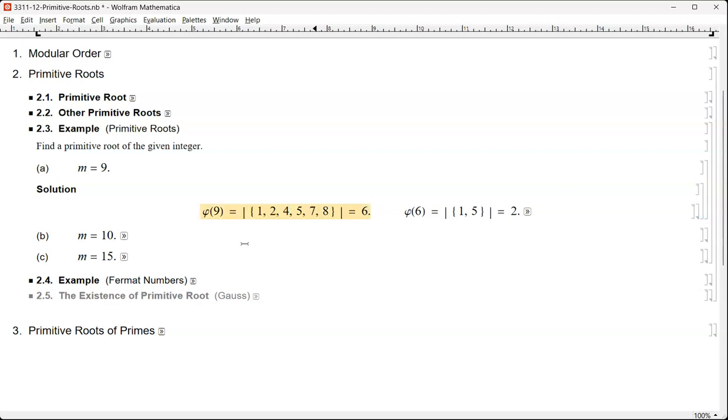Phi of 9: among all positive integers from 1 through 9, those relatively prime to 9 number 6. And phi of 6: among all positive integers from 1 through 6, only 2 of them are relatively prime to 6. So phi of 9 is 2, so we expect 2 primitive roots if there is one to begin with. See the idea?